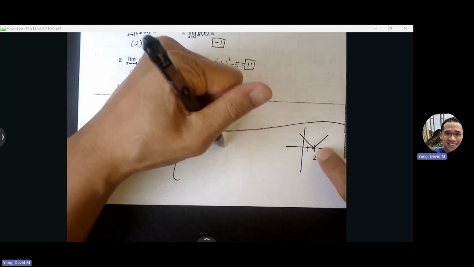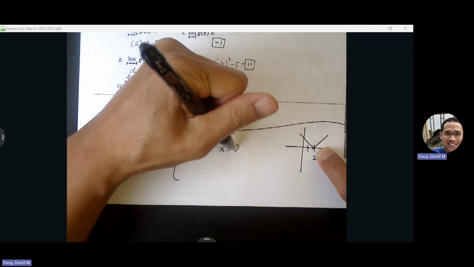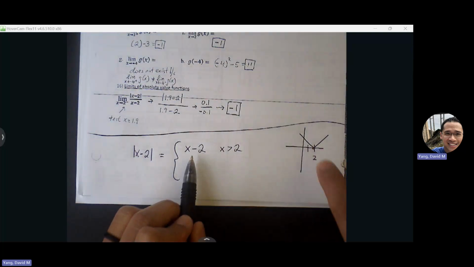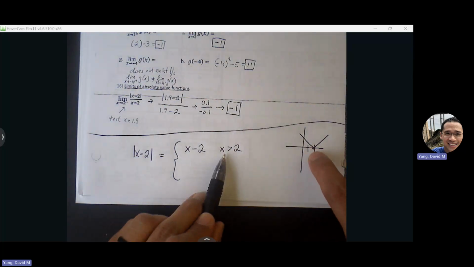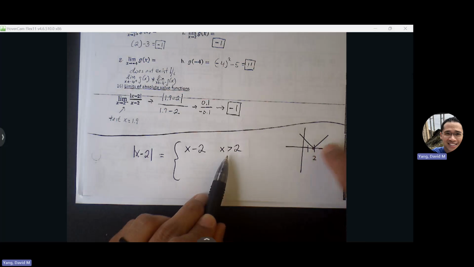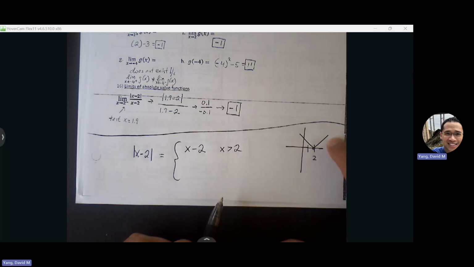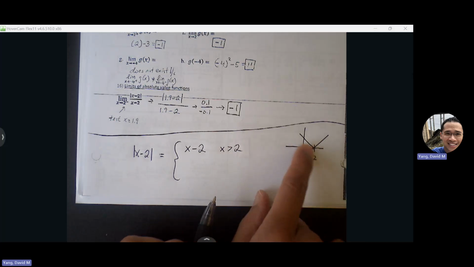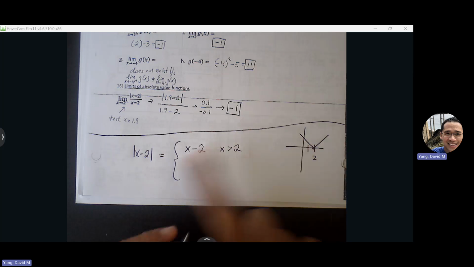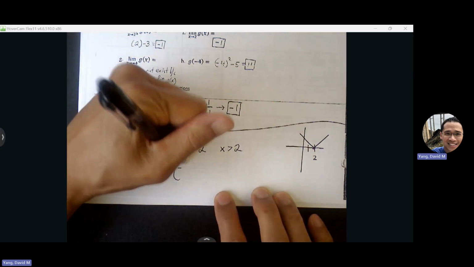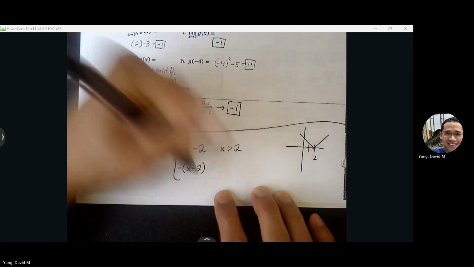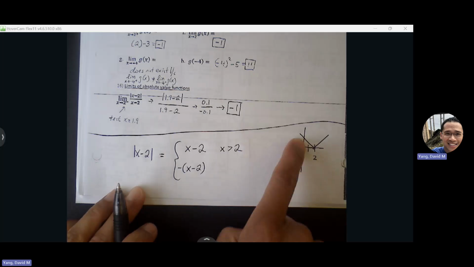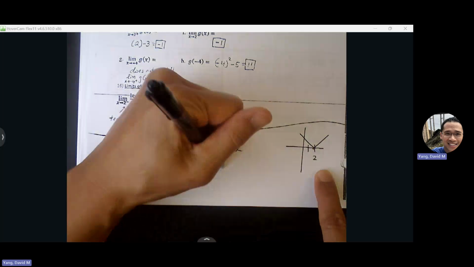So this x minus 2 is only to the right of 2. If we were to just graph x minus 2 and give it a starting point at 2, this is what would appear. This portion is the negative slope version of x minus 2. So if I do negative parentheses x minus 2, that would represent this negative slope version. And that is to the left of 2.